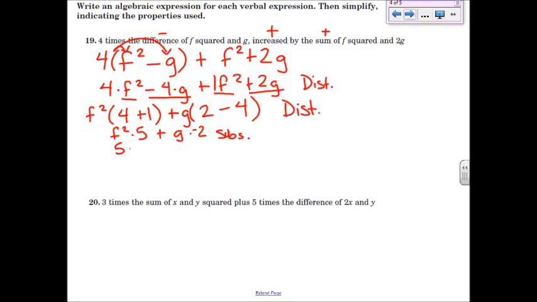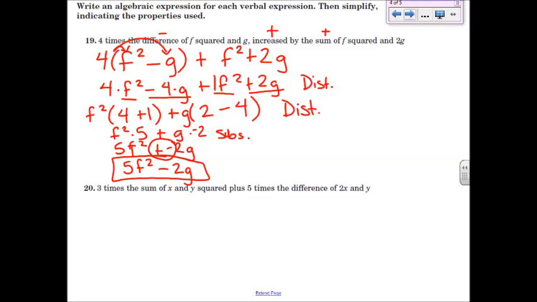So 5f squared, and then plus negative 2g. And when I write plus a negative, what that really means is subtraction, so I can write that as 5f squared minus 2g. And that would also be a substitution.